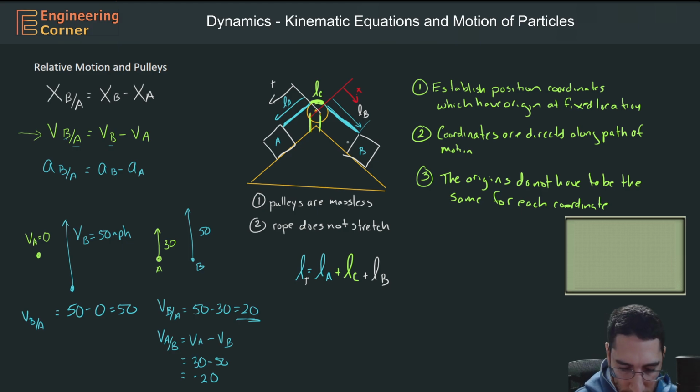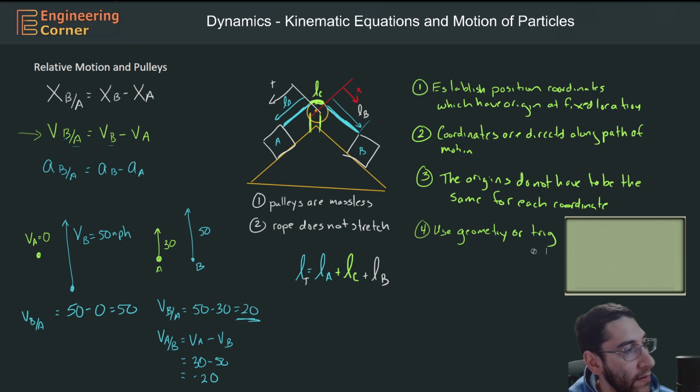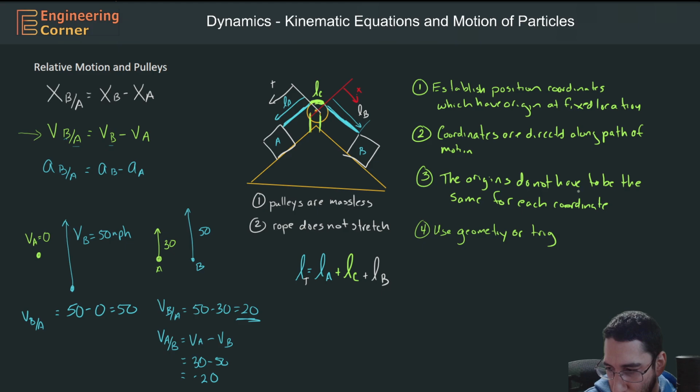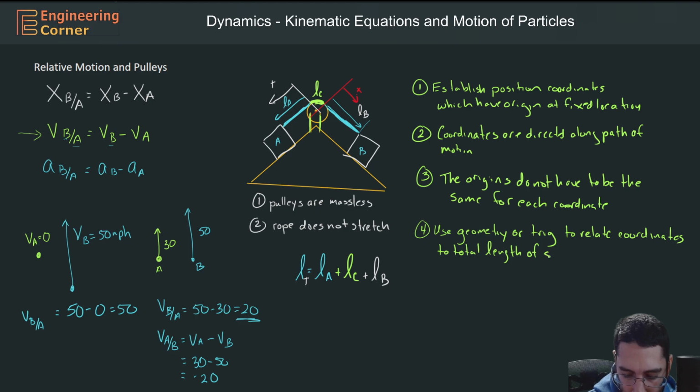So now, that was step 4. We want to use geometry or trig to relate coordinates to the total length or portion of cord that we're looking for, of string.